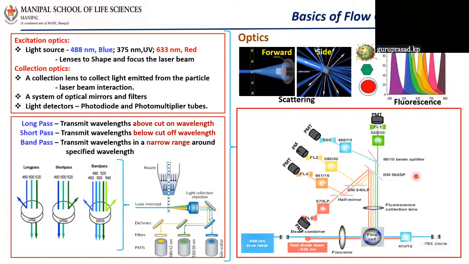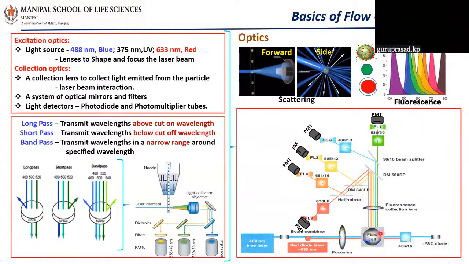Basically, the optical system sorts out whatever light is produced by the cells. In other words, the particular wavelength light rays are directed to a particular detector.